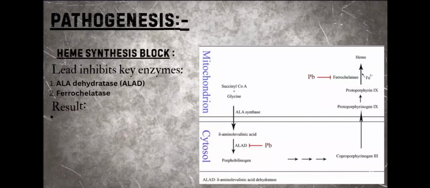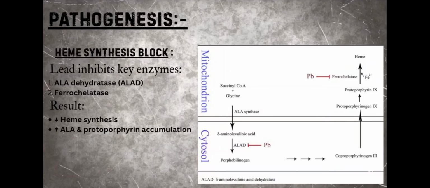When it comes to pathogenesis, there is blockage of heme synthesis through inhibition of the key enzymes, ALA dehydratase and ferrochelatase, which results in accumulation of ALA and protoporphyrin and decreased heme synthesis.